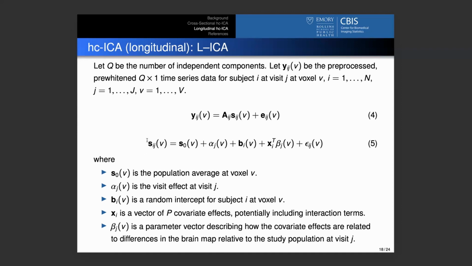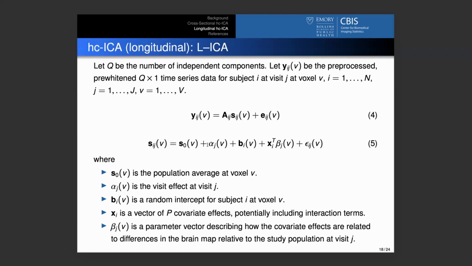Now we say that the data for subject i at voxel v depends on their current visit, which is indexed by j. So S_ijv is going to be the brain map for subject i, visit j at voxel v. We're still going to write this as a linear combination of a bunch of different terms, and it's still going to include an S0 map that represents the population average.